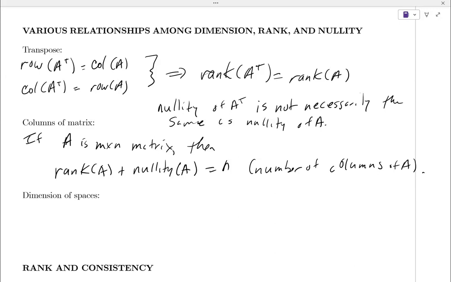Sanskrit maybe. This is sometimes referred to, shockingly enough, as the rank nullity equation. It's pretty aptly named, I suppose.